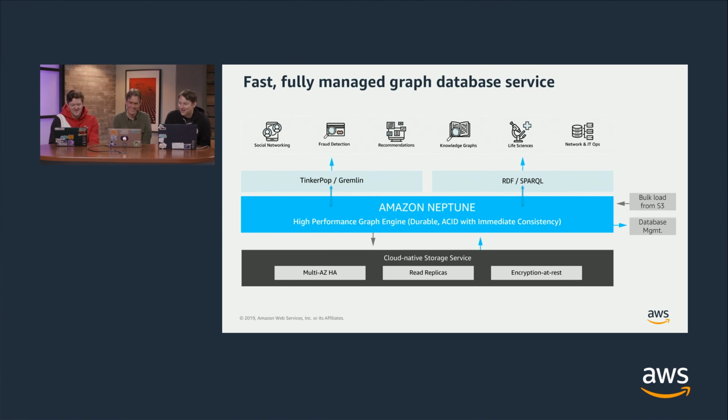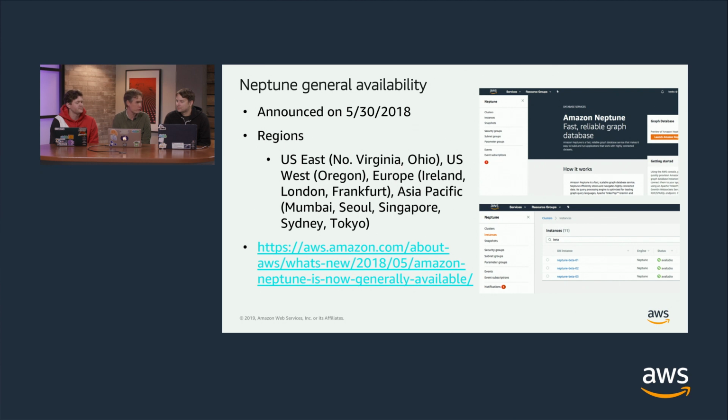So this is Neptune, and it's generally available now as of May 2018. We just had our first birthday. The cake is a couple weeks old, but I'd share a piece with you if you want it. It's distributed in graph format across all the people that ate it already.